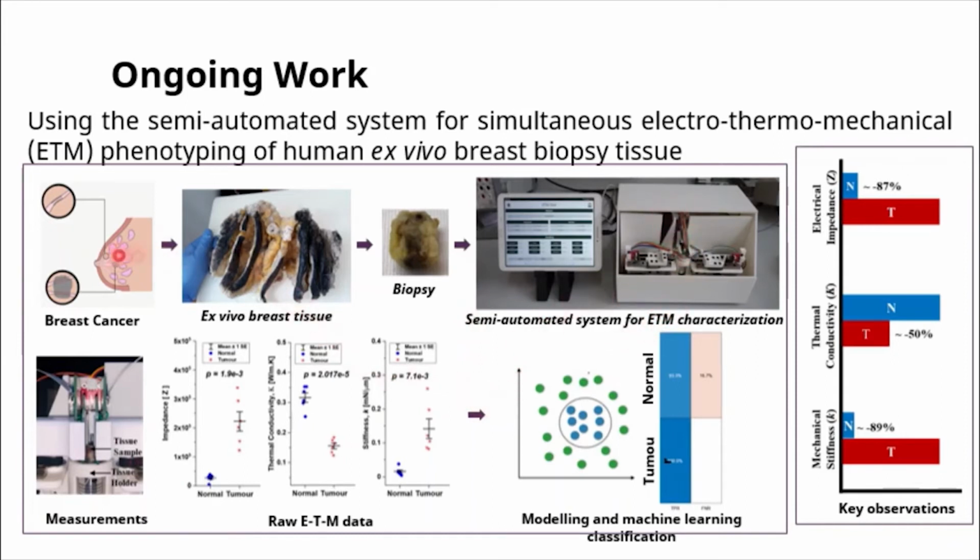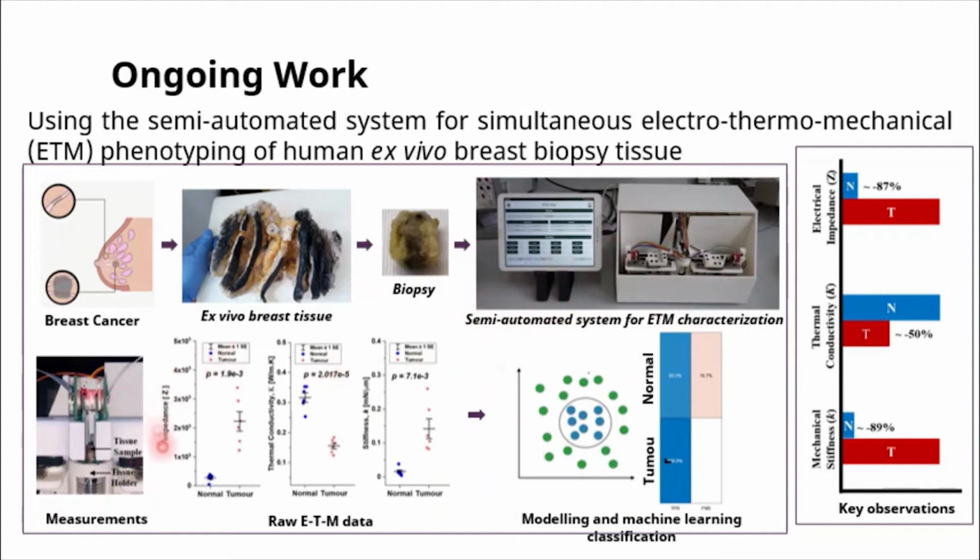Now, patients having breast cancer, specifically ductal carcinoma in situ or invasive ductal carcinoma, the samples extracted from such patients using breast biopsy, these samples were used for the electrothermomechanical phenotyping of the breast biopsy tissues.